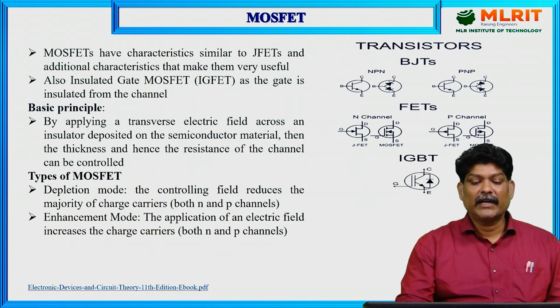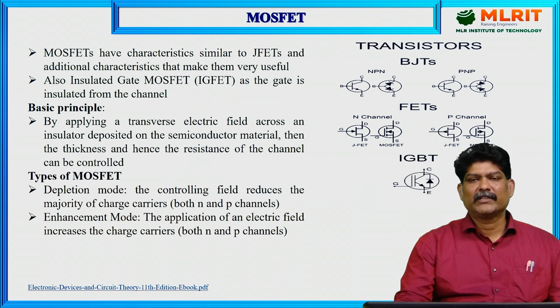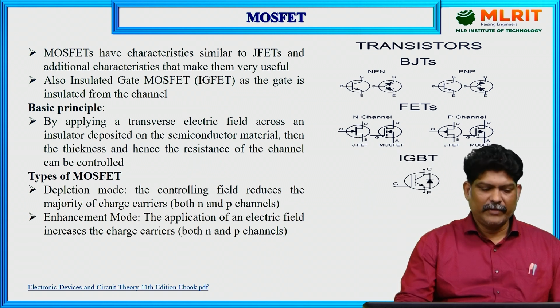MOSFETs have characteristics similar to JFETs and additional characteristics that make them very useful in many applications compared to FET, particularly because the switching speed of MOSFETs is very high compared to FET.